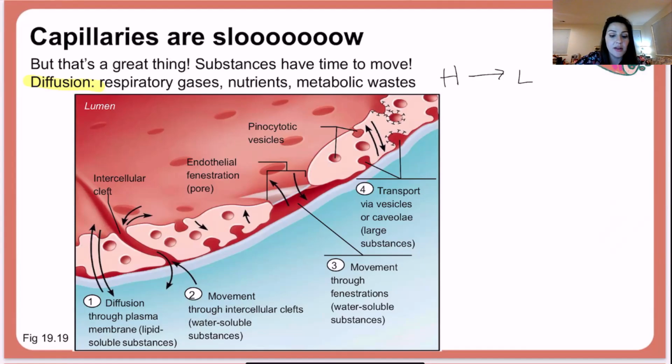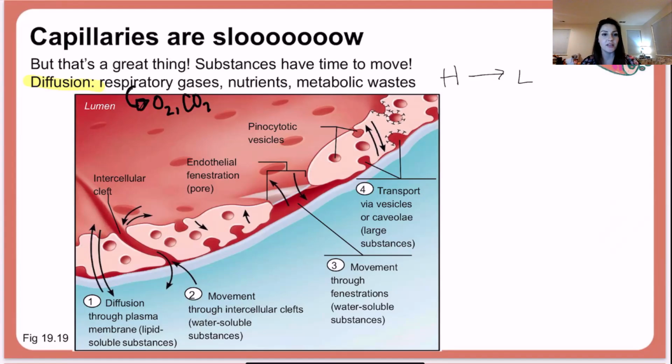So for example, our respiratory gases, like oxygen and carbon dioxide, I'll actually write that on our slides here. Respiratory gases like oxygen, like CO2, carbon dioxide.